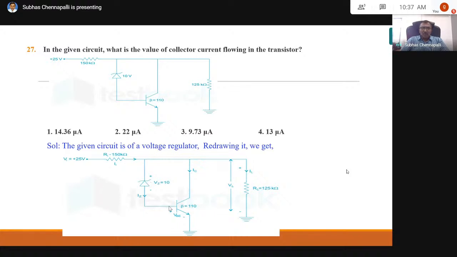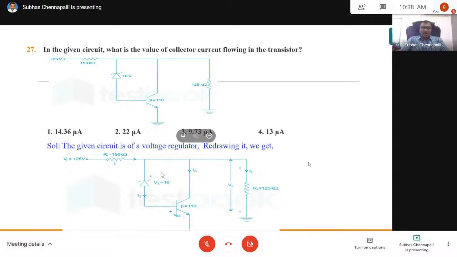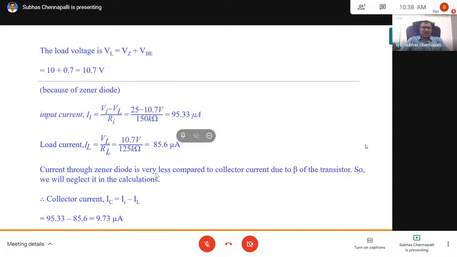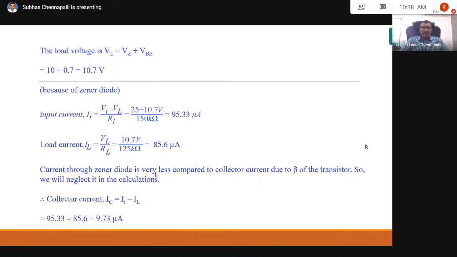These values I know, this is 10 volts, and VBE I take some 0.7. If it is not given, we will take 0.7. If some value is given, that we will take. So VI is equal to, rather I say that 25 volts is equal to, of course, first we are calculating load voltage VL here.